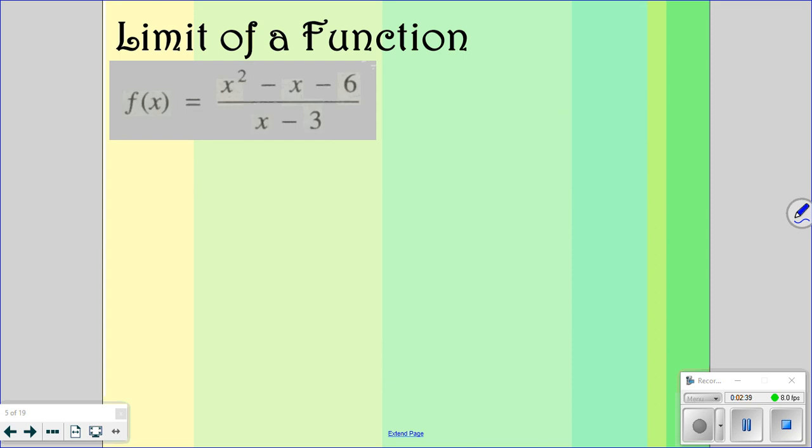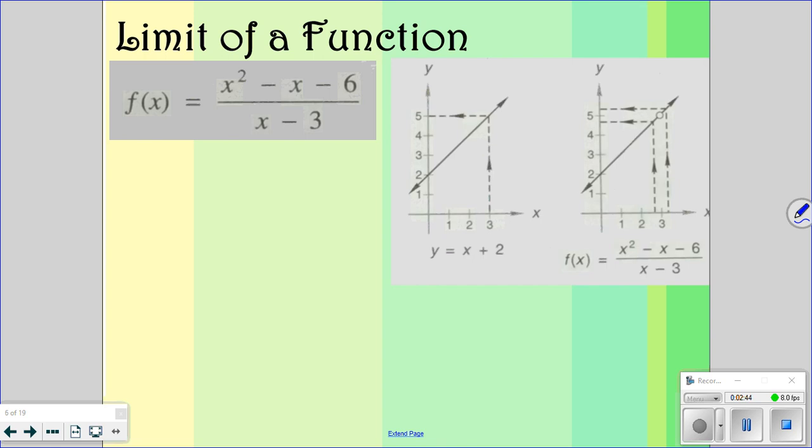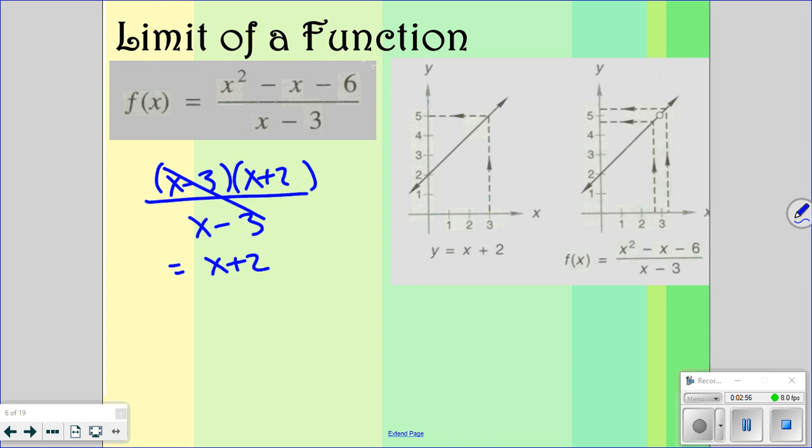So if we look at this function here, we can factor that, and it's going to be (x - 3)(x + 2) over (x - 3), and so your function's really just going to be x + 2. And that's what they have graphed right here, just a line.